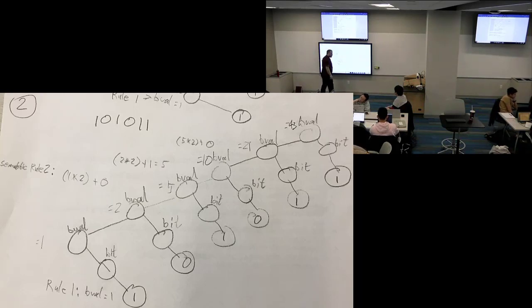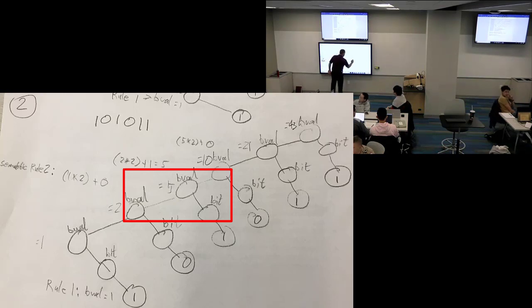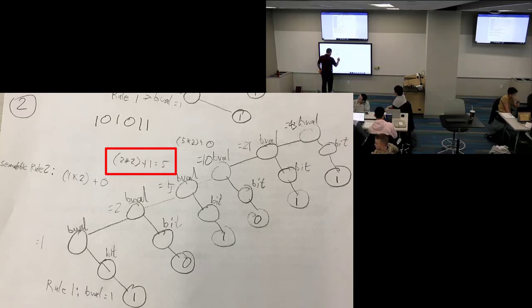So if I'm done with that, I move up. What rule am I going to use for this one? Give me number 1. What's the calculation going to be? Well, this one is going to be 2 times 2 plus 1, if I'm not mistaken.